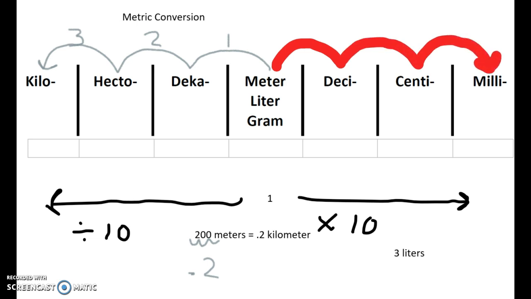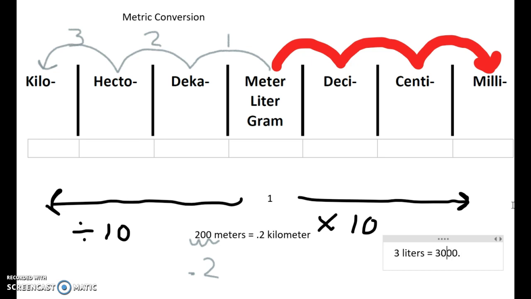So with our liters, let me get my cursor. We have our 3 liters. We move 1, 2, 3 times to the right.